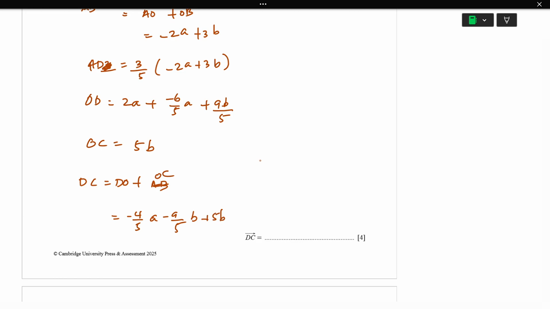When we simplify, we'll get the answer: 16 over 5 B minus 4 over 5 A.